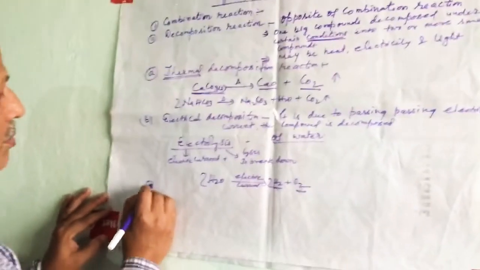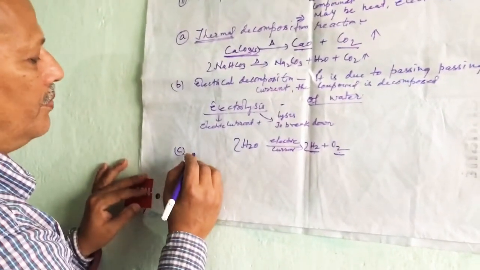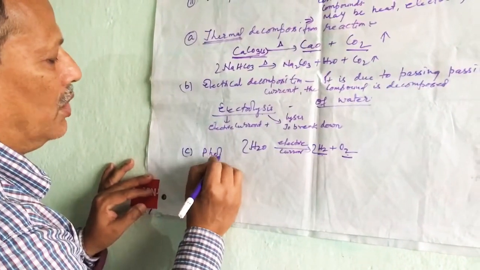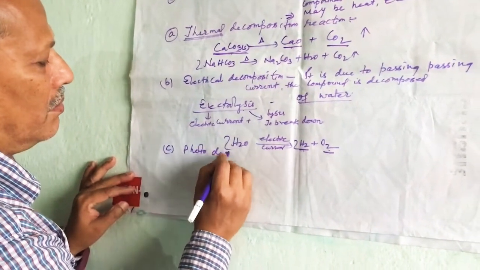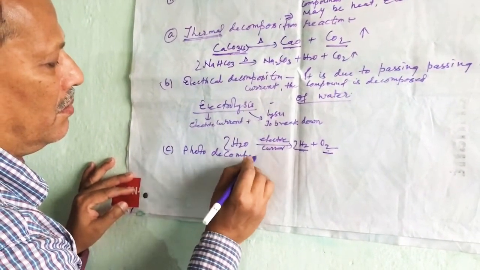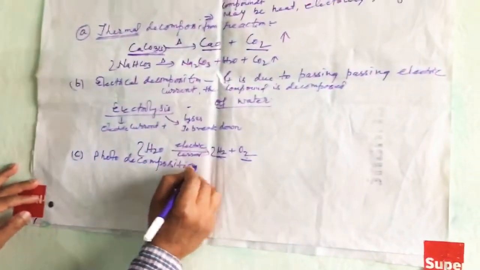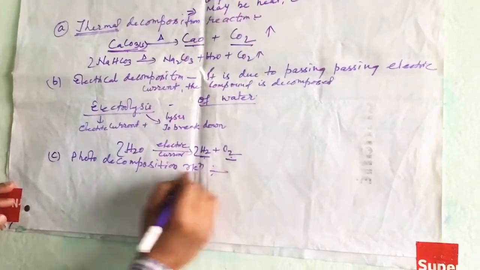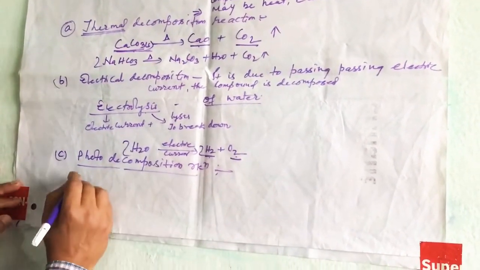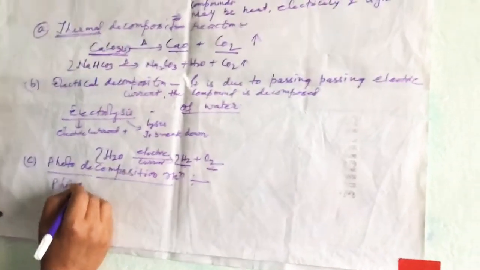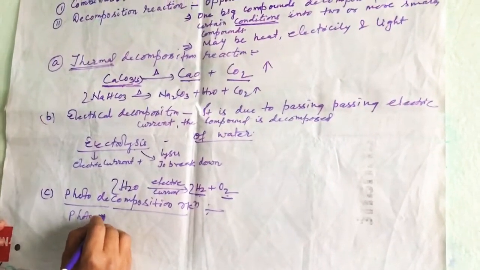The third one is most important, that is photo decomposition. Photo decomposition reaction. You know that photo means light.